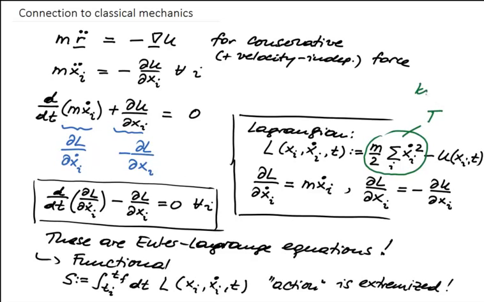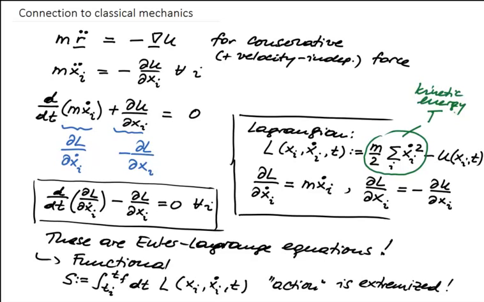So this is the kinetic energy, capital T. So more generally, you say that the Lagrangian is defined as the difference, not the sum, but the difference between kinetic energy and potential energy. This is really central to the Lagrangian formulation of classical mechanics. This is the key argument. This is how you make the transition from classical mechanics to Lagrangian mechanics.